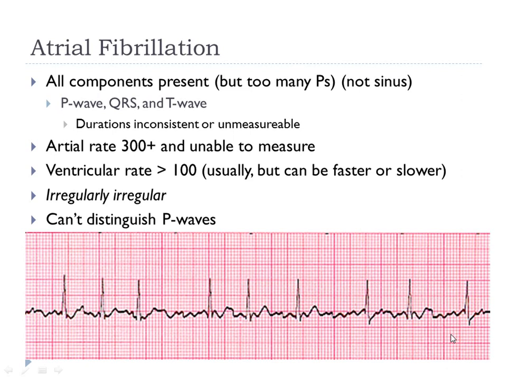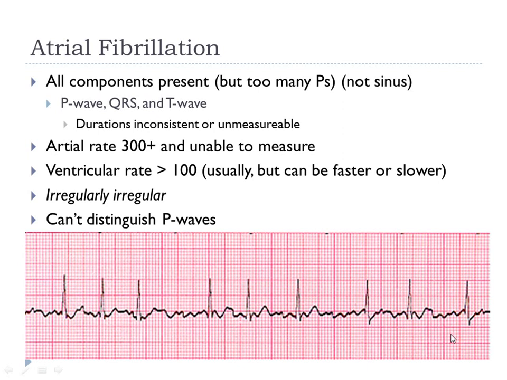AFib is always irregular. You see that irregular heart rate? The nice thing about atrial fibrillation is that a hallmark sign of AFib is that it's irregularly irregular. It's not sinus, it's irregular, and the R-to-R intervals vary. So it's irregularly irregular. This is all messed up.